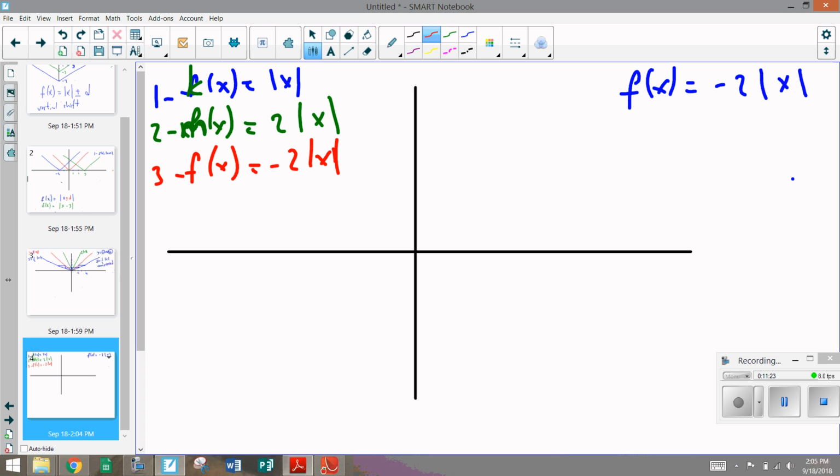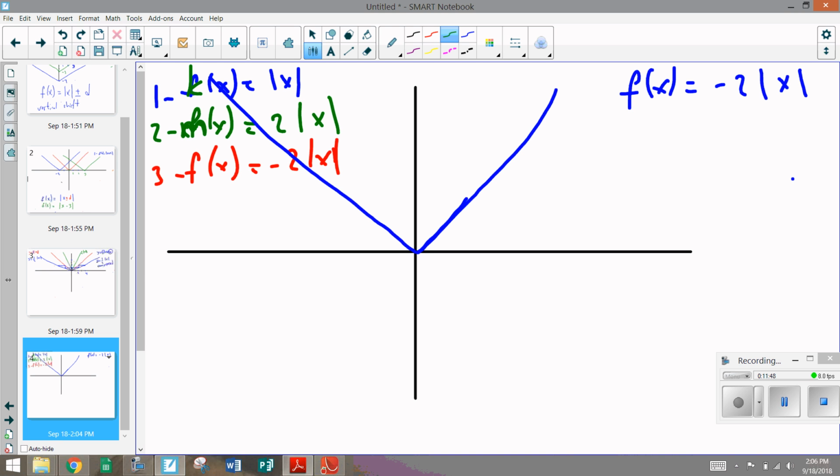Do we know what the parent function is? What shape? V shape. Where is the vertex going to be? Origin. Okay, this one was the first step. The second step is making that 2. Slope was 1, make the slope 2.